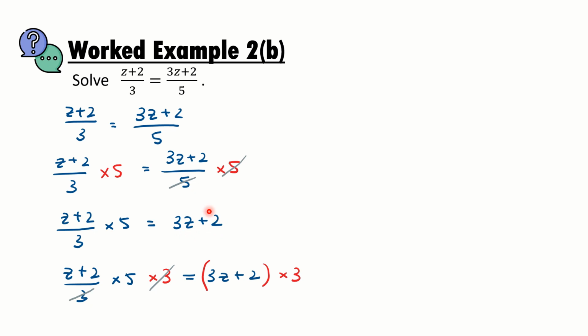Because as mentioned previously, I know that this 3z plus 2 is together as a group, so I must put brackets around this 3z plus 2 before I multiply by 3. Then this divide by 3 over here and this times 3 over here cancel each other out such that I'm going to get (z plus 2) times 5 equals to (3z plus 2) times 3.